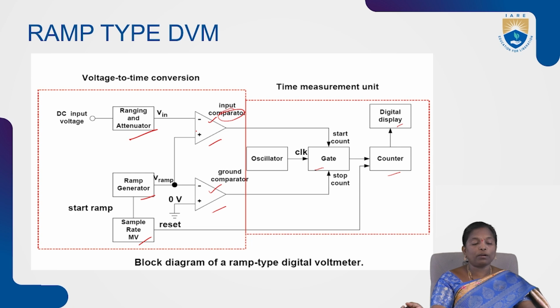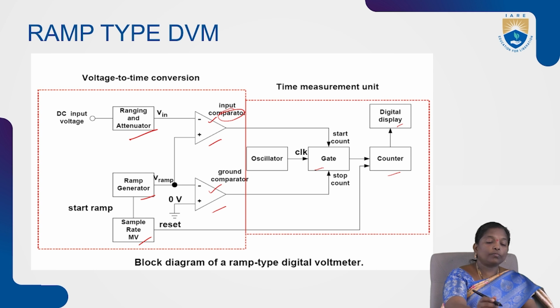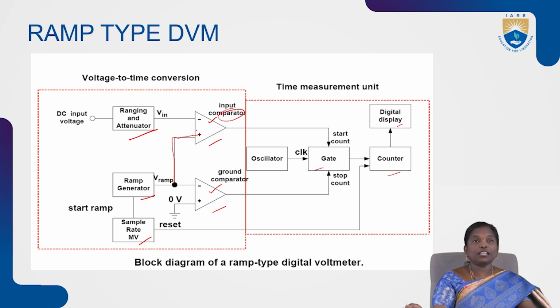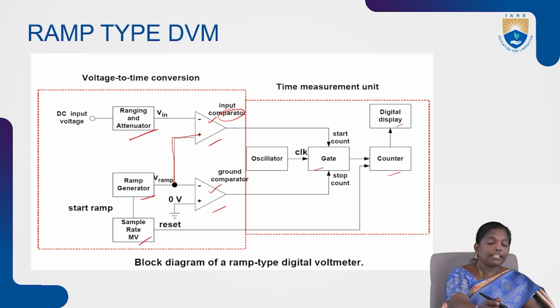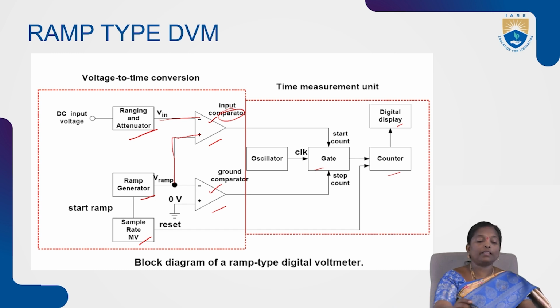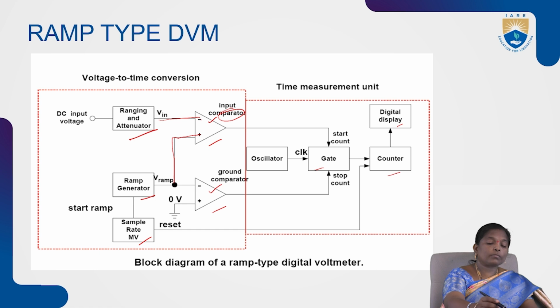In this ramp type of DVM, one of the inputs is the negative going ramp signal, given to one end of the comparator, whereas the other end of the comparator has the DC input voltage. The input comparator compares these two input signals. If the two input signals have the same voltage level, then the comparator starts operation.